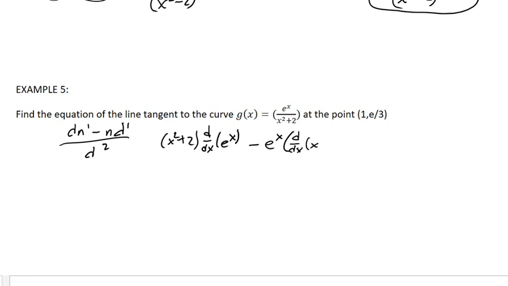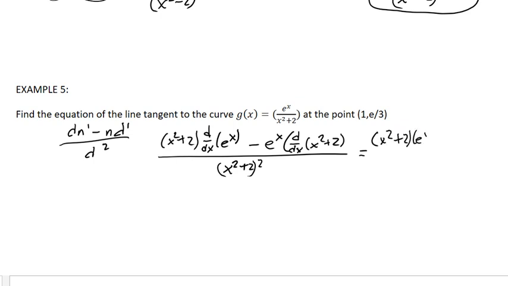So if I fill in my derivatives, that's going to be x squared plus 2 times e to the x, minus e to the x times 2x, all over x squared plus 2 squared.